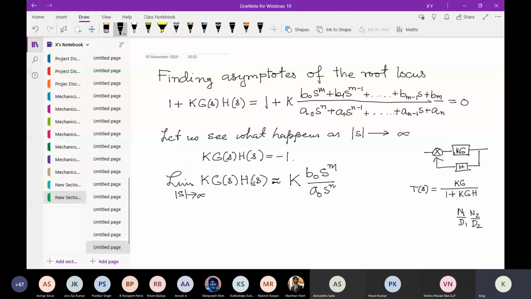Just consider that as a function, which is expressed as a numerator polynomial over a denominator polynomial. Numerators are polynomials, denominators are also polynomials. So now that means this is my equation 1, this is my equation 2. So whatever I get from 2, I substitute in 1.